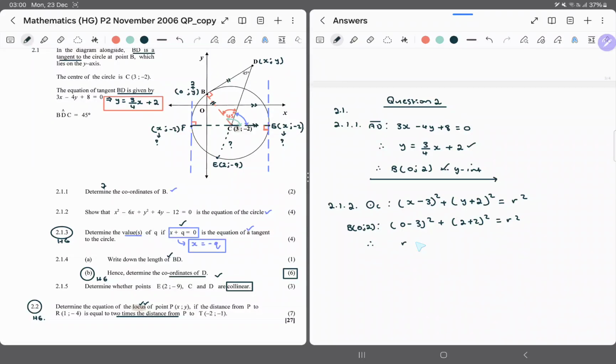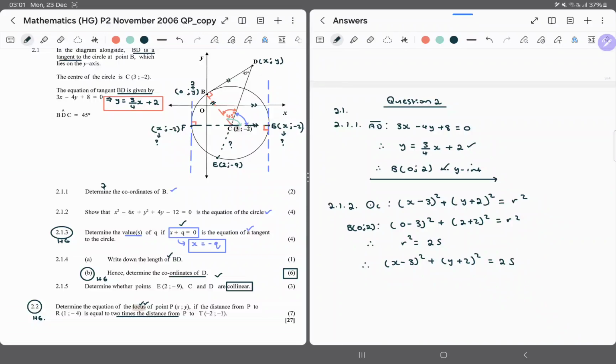We can say r squared is equal to, now this is 9 plus 16, that's 25. And that's what we need, right? Therefore, we know that our circle equation is going to be x minus 3 all squared plus y plus 2 all squared is equal to 25.